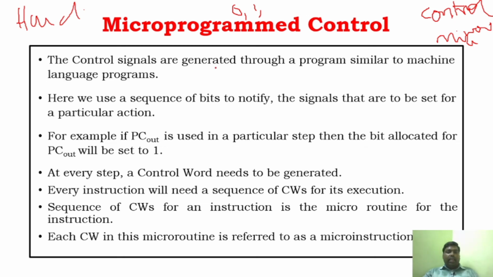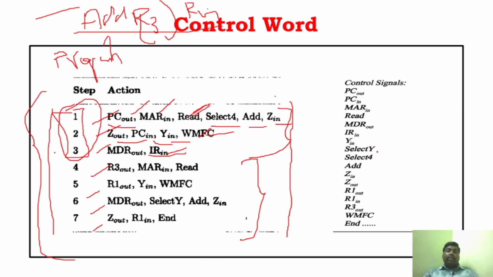Before that, whatever I explained here has been given as theory. Now you understand what a control word is. It is similar to a machine language program, a sequence of bits, that is zeros and ones, to represent one particular operation. And you know what a micro routine and a micro instruction are.